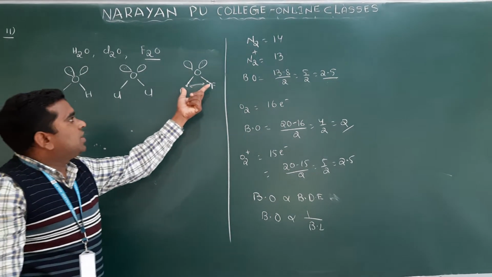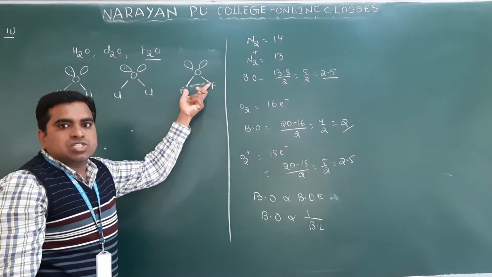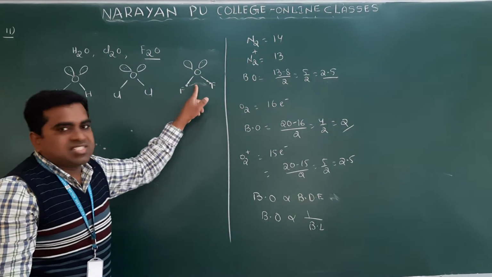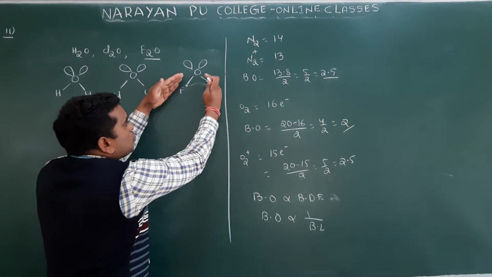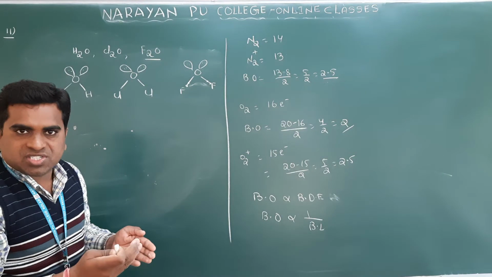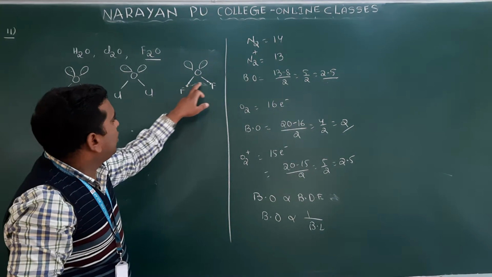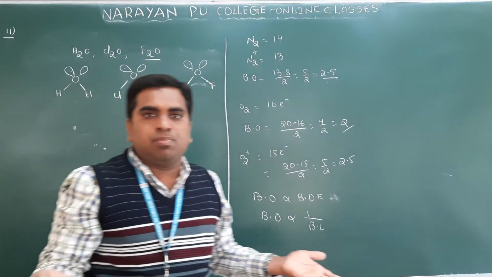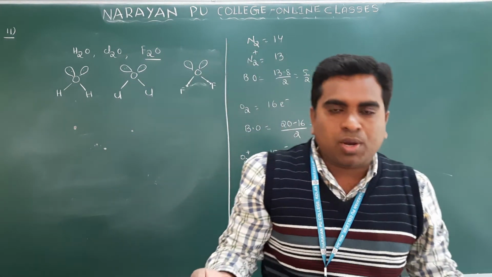If the bond pair distance is large, then repulsions will be minimum, which means these two bonds will come close until they experience repulsions.